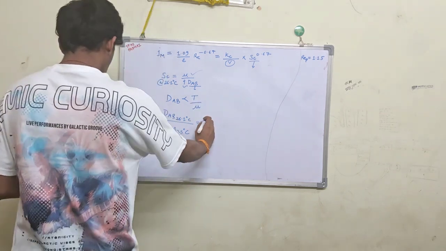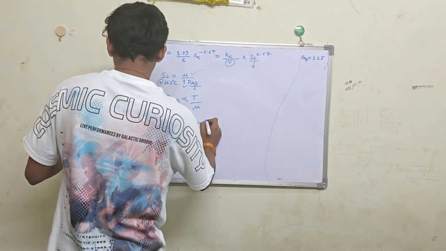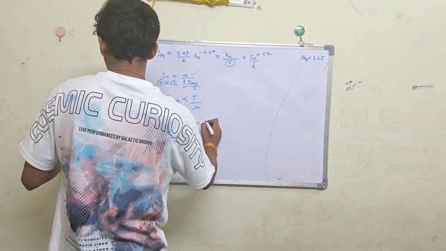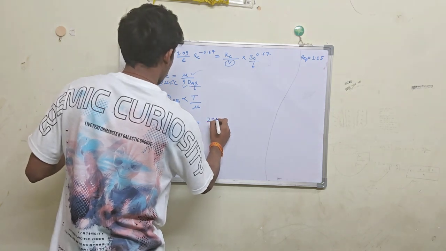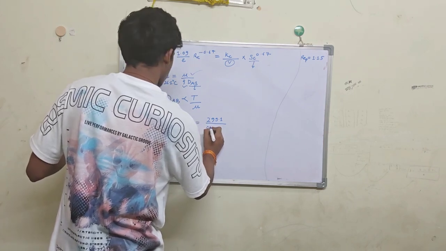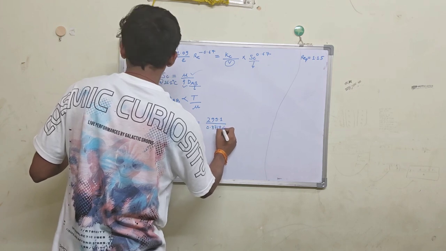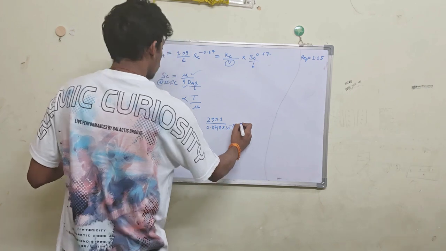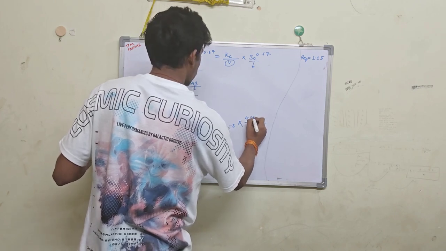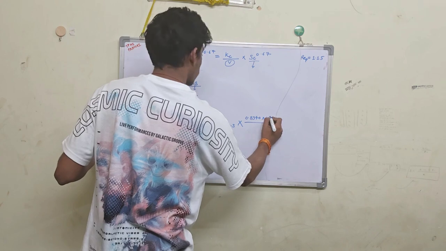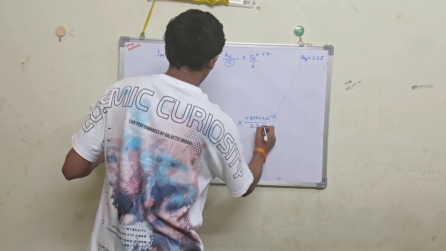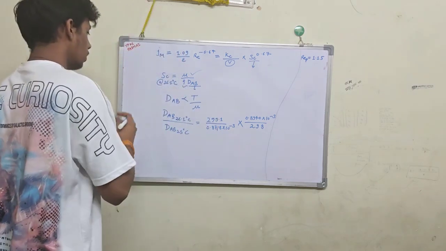26.1 degrees Celsius, which we have to convert into Kelvin. So that will be 299.1. Mu is given at 26.1 degrees Celsius, which is 0.8718 into 10 to the power minus 3. Mu at 25 degrees Celsius is given as 0.8920 into 10 to the power minus 3, and 25 degrees Celsius in Kelvin is 298 Kelvin.